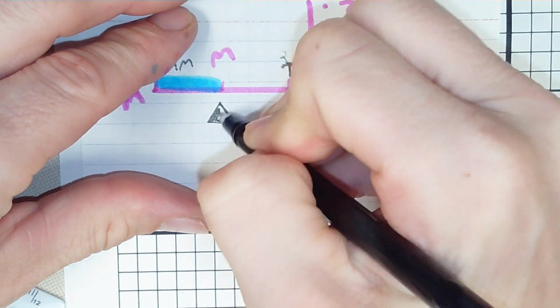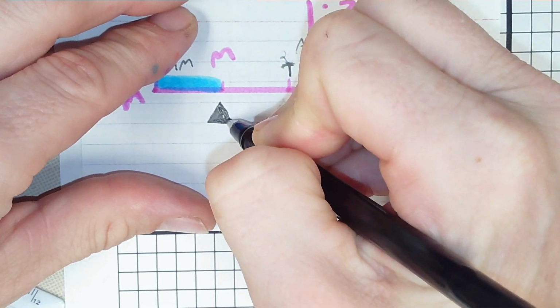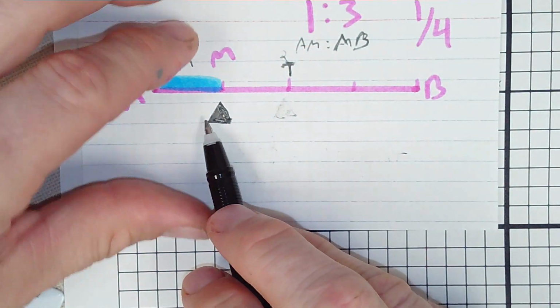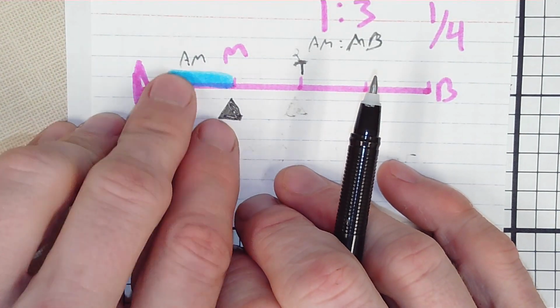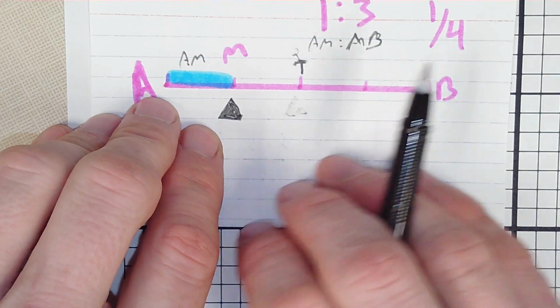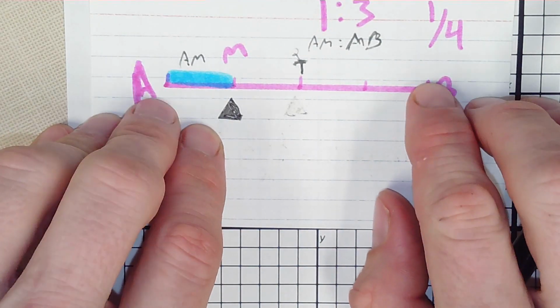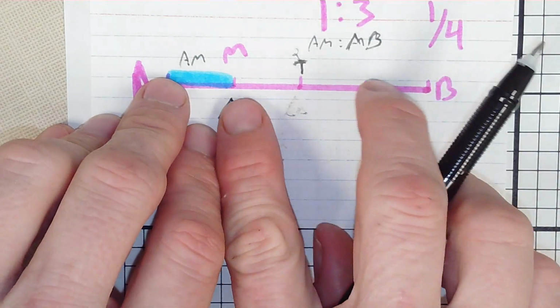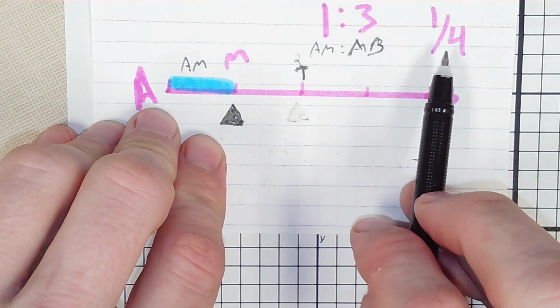Right? Now it's way off balance. This side is going to need a lot more weight in order to counterweight this, right? Because this is just more of it. Okay, and there's 4 segments, right?